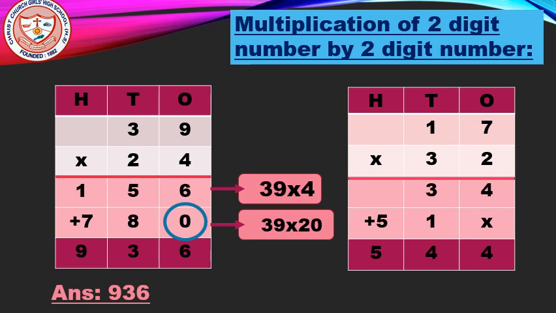So we are going to write 1 over here and 2 is carried. And 3 1s are 3 plus carried 2 gives us 5. So 5, we are going to write this 5 in hundreds place and 1 in tens place.